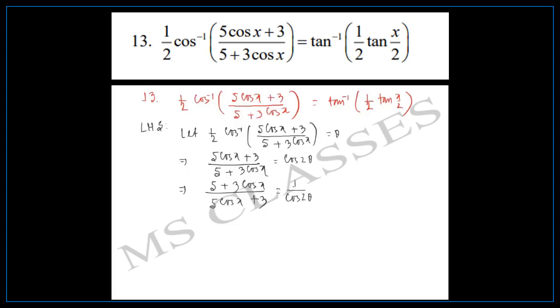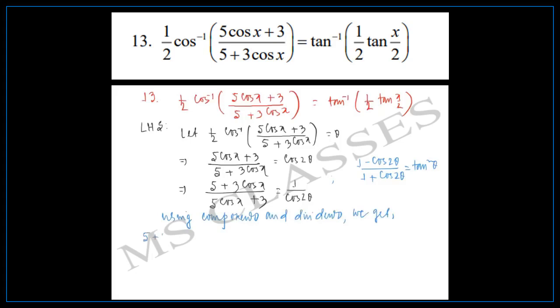Actually, our intention is to get this format: 1 minus cos 2 theta by 1 plus cos 2 theta equal to tan square theta. So now we use componendo and dividendo here.